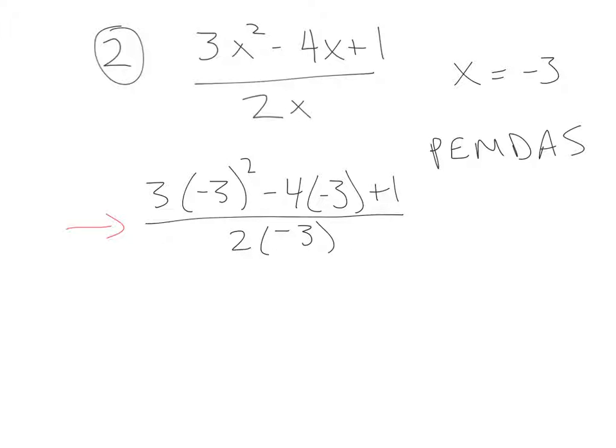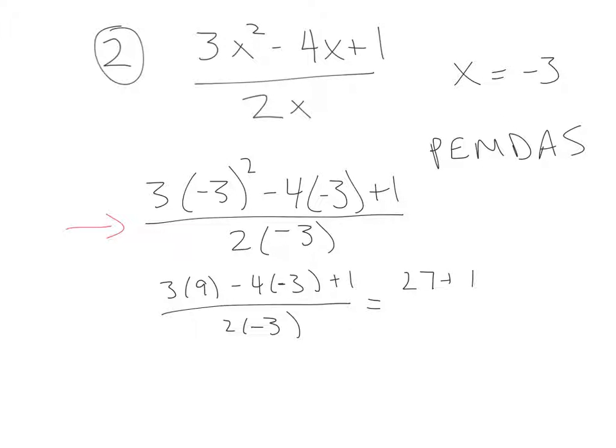We start with our exponents in our numerator. And so negative 3 squared is 9, so we get 3 times 9 minus 4 times negative 3 plus 1 over 2 times negative 3. And now we can do our multiplication. We get 27 plus 12 plus 1 over negative 6.